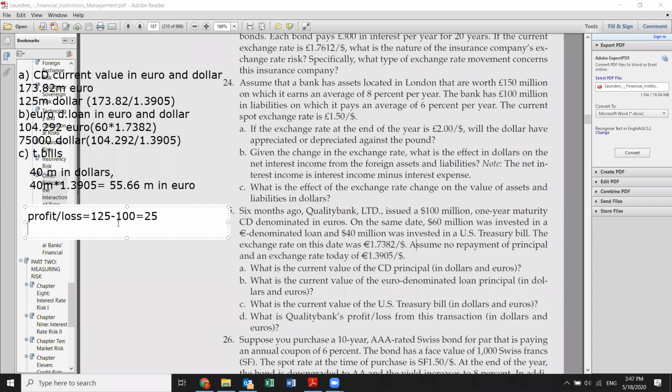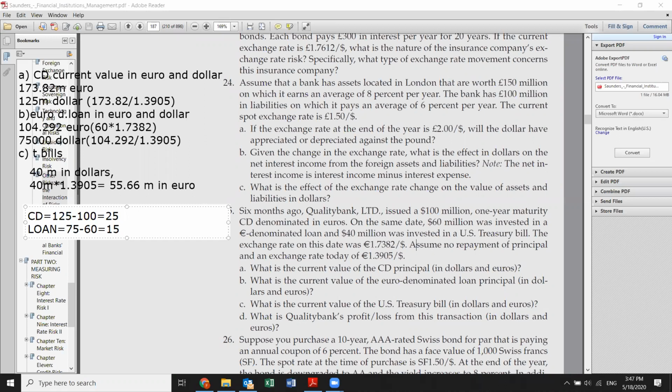For the loan, how did you do it? I took $75 million minus 60, and I got 15 million of profit. Loan: $75 minus 60, 15 million.